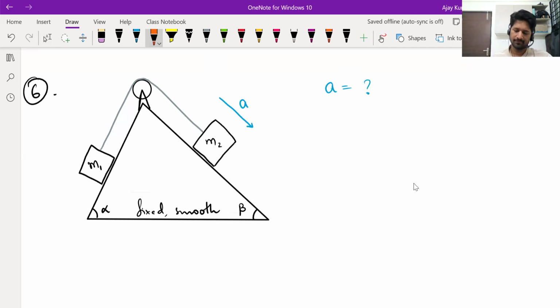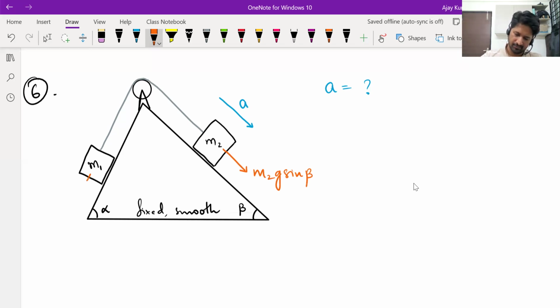Okay, listen all of you. The blocks are on inclined surfaces. On an inclined surface, to solve problems easily, it will be better if you resolve the weight into components along the incline and perpendicular to the incline. Generally, the component of weight along the incline is mg sine theta, where theta is the angle made by the incline with the horizontal. So on this side, the component of weight will be m2g sine beta, because this incline makes an angle beta with the horizontal.